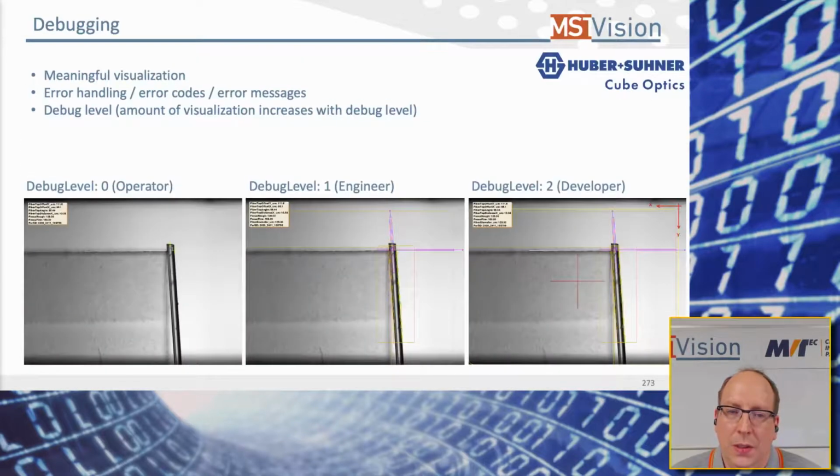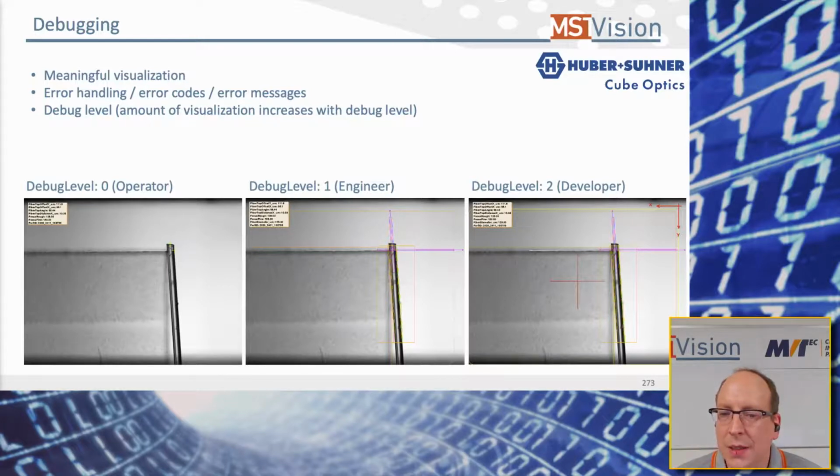And then the next question is how to debug and to see what went wrong. The first thing, it sounds not really spectacular, but it's helpful, is to have a meaningful visualization. Then you can have error handling, error codes, error messages that are helpful. And what we also do is a debug level. Debug level 0 is mostly for the operator, for example.